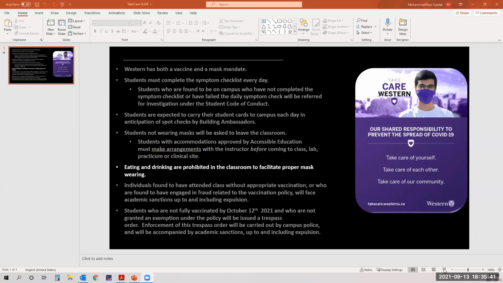So I'll share my screen right now. This slide shows that both vaccine and mask are mandated for in-person classes or to attend the university in person. Each student should complete their symptom checklist on a daily basis.